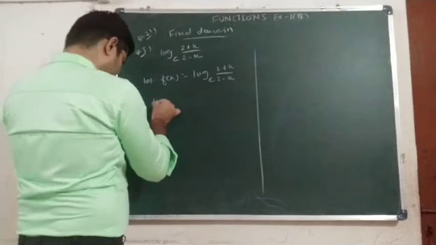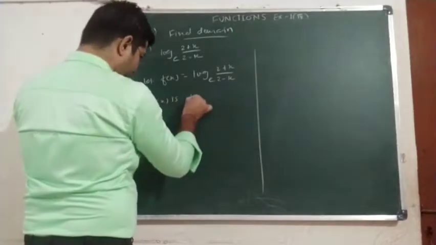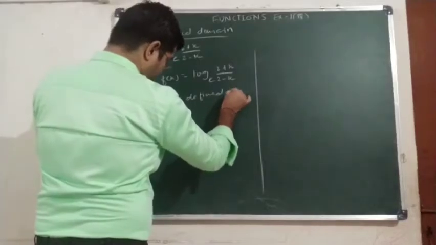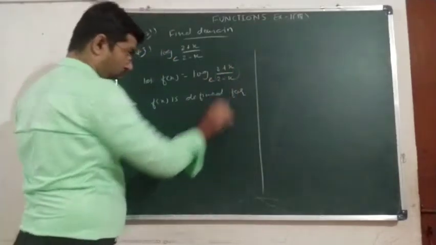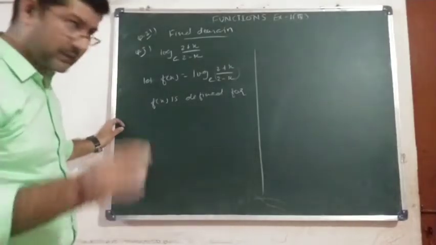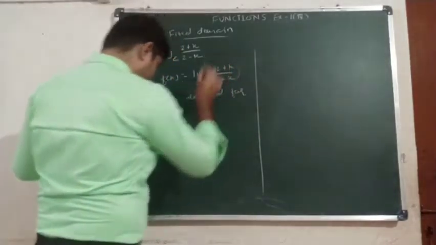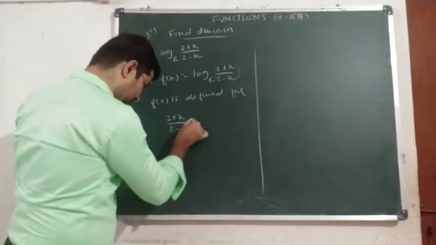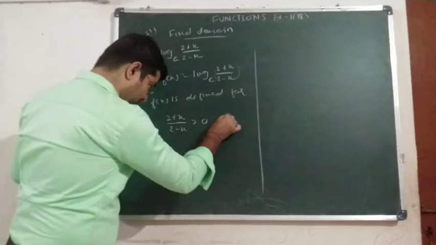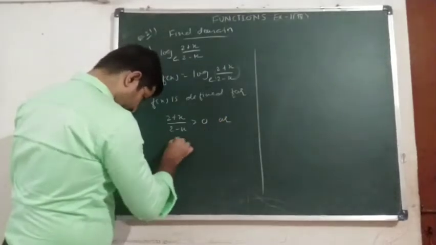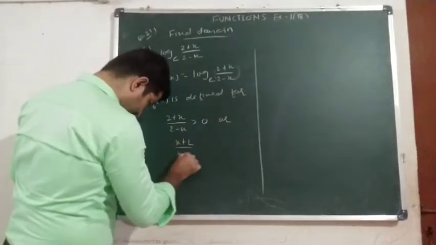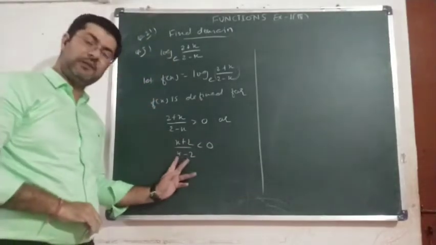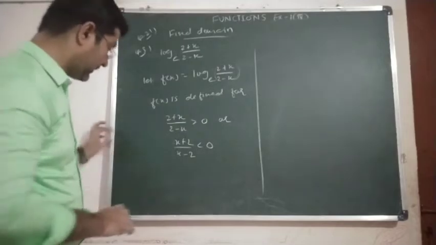Now function f is defined for, log x is defined for all x greater than 0, and therefore this function is defined for 2 plus x upon 2 minus x greater than 0, or x plus 2 upon x minus 2 less than 0. Inequality will be changed. 2 minus x we have written as x minus 2. Okay, now critical points.